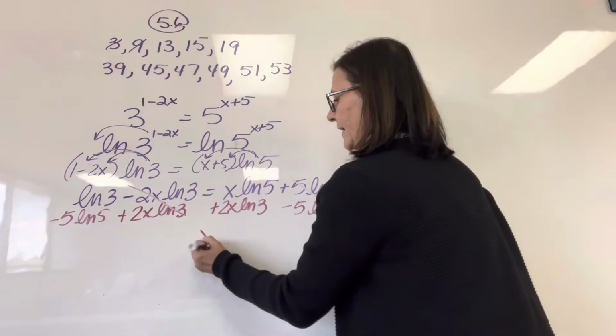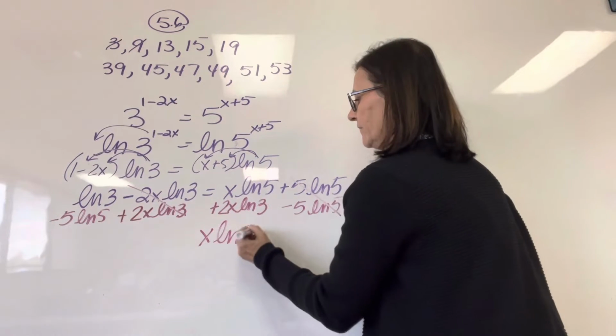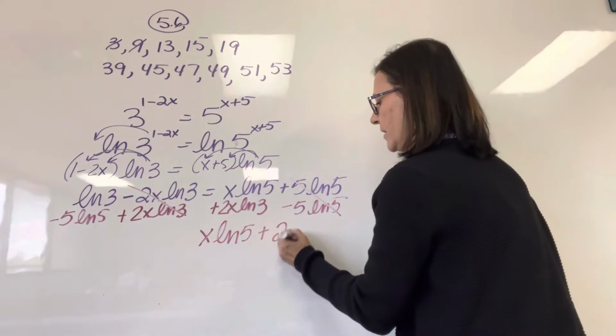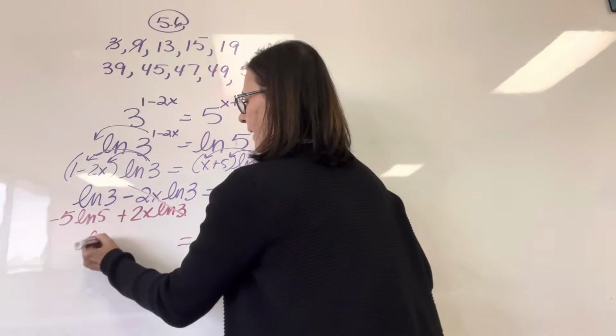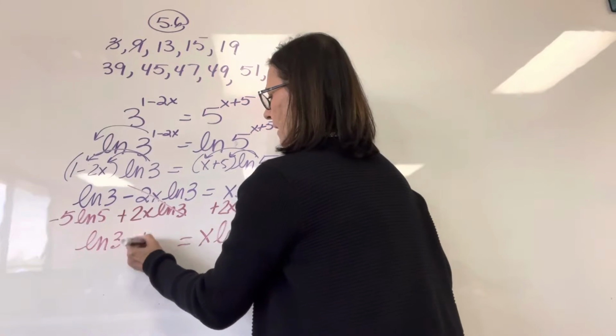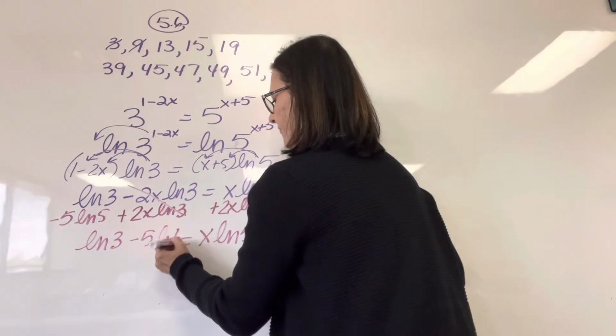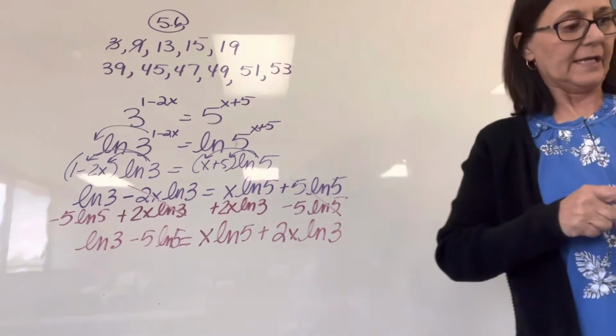So that I'm at x ln of 5 plus 2x ln of 3 equals ln of 3 minus 5 ln of 5. What's the next step?